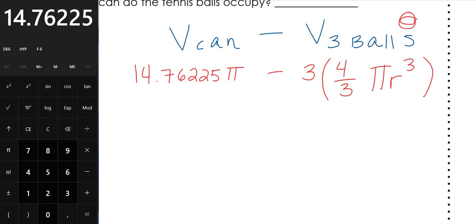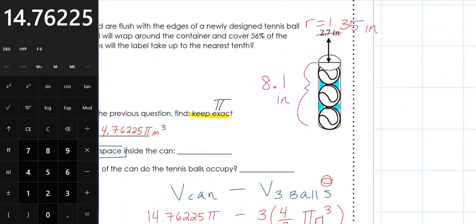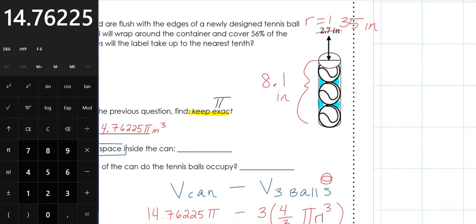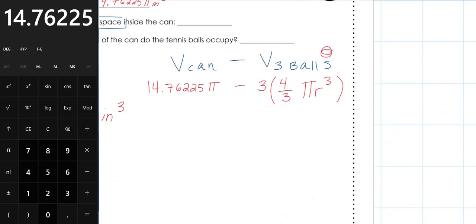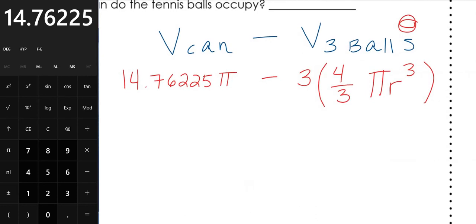Now the radius of each of the tennis balls, since it's flush from edge to edge, is going to be the same as the radius of the can. So we already have it. It's 1.35. Let's go back to our work and plug in.